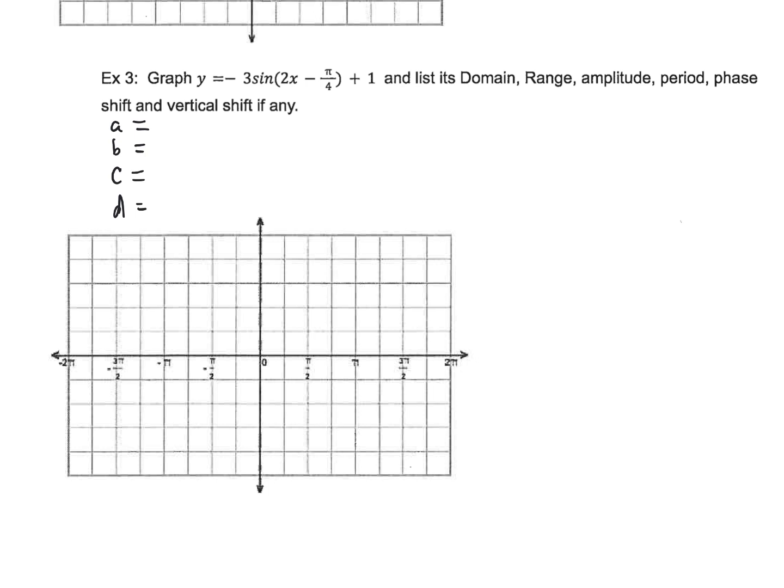And yes, just in case you're wondering, that is a negative sign in front, isn't it? Yep. So what is A? -3. Now, when we're doing amplitude, though, is the amplitude -3? No, it's just 3, right? Okay. What's B? 2. What's C?